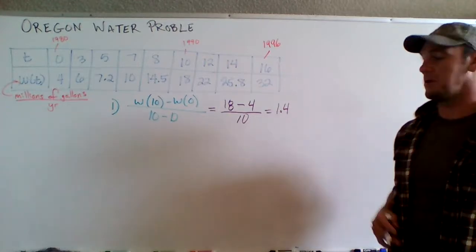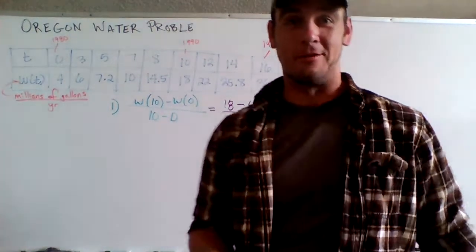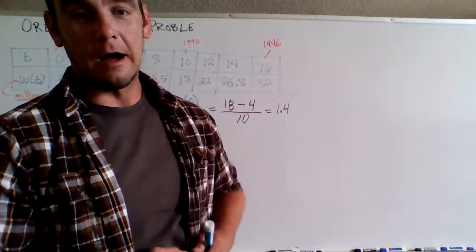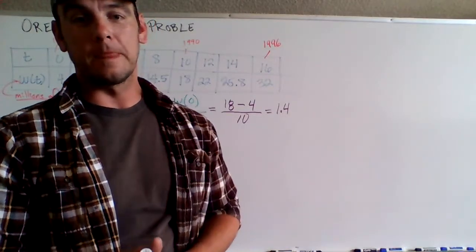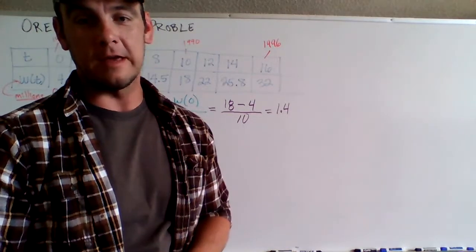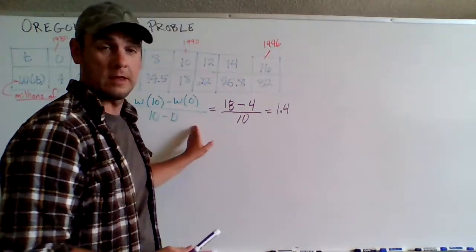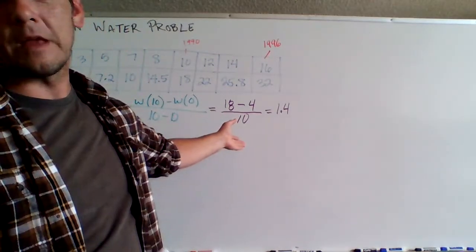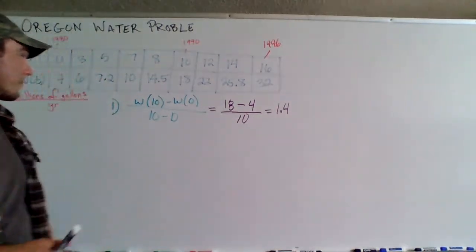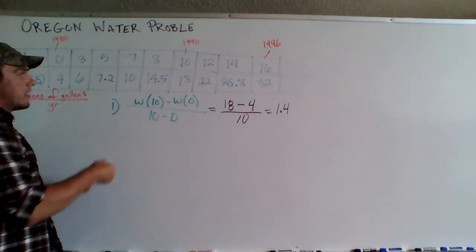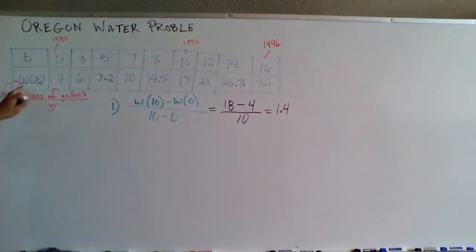Let's go and reread this to make sure I answered the question, because I don't think I did. Using the data in the table, determine the average rate of change in the rate of consumption of bottled water for the 10-year period, which we did. Include the units. So here remember our units. W, I already wrote this down, is millions of gallons per year.